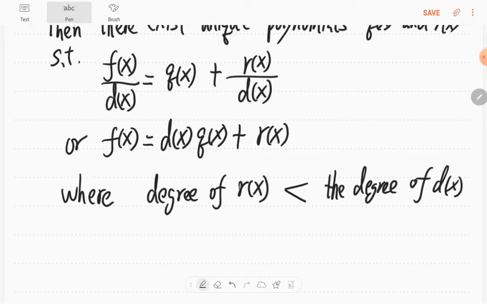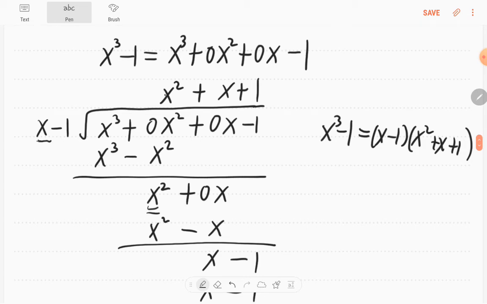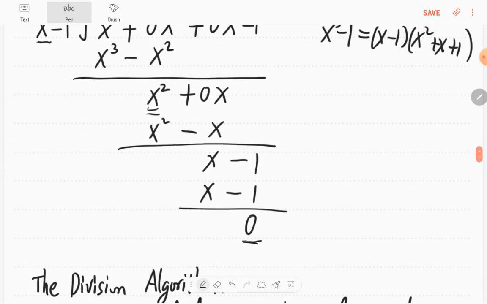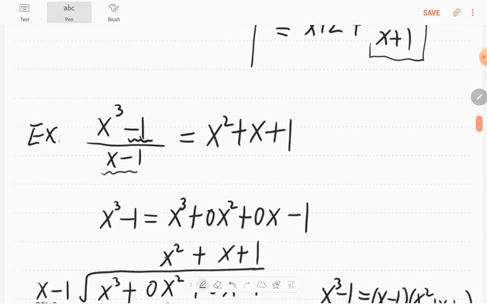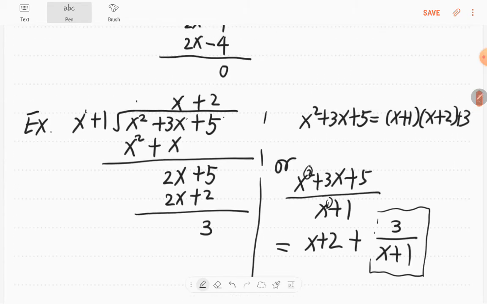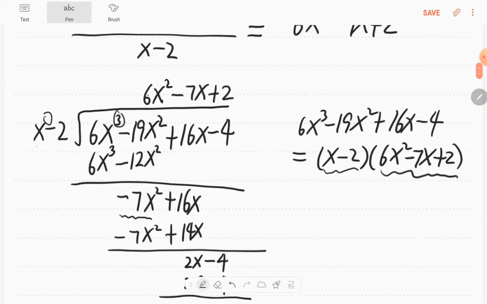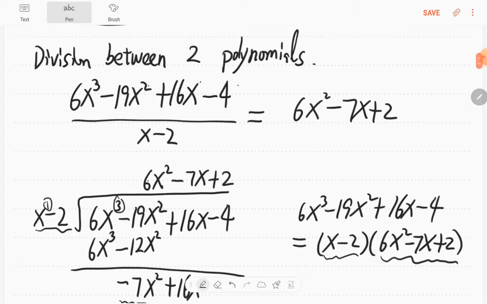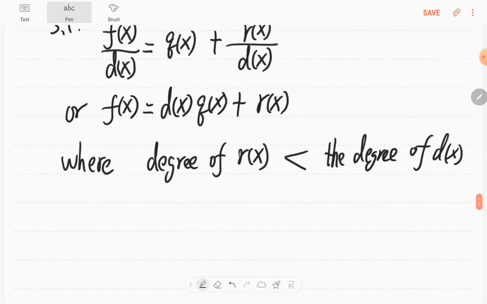So here you can see R of x is 0, so this degree is 0, but the degree of the divisor is 1, right? And here R of x is 3, so the degree is 0. And here the degree is 1. Here is 0, and here the degree is 1, right? So always less than, never equal, okay?